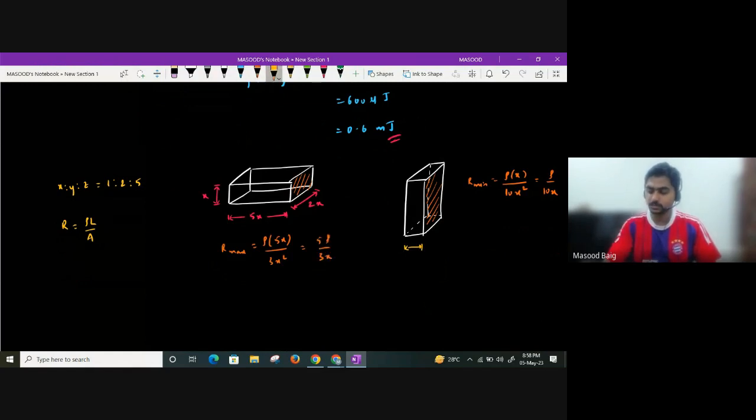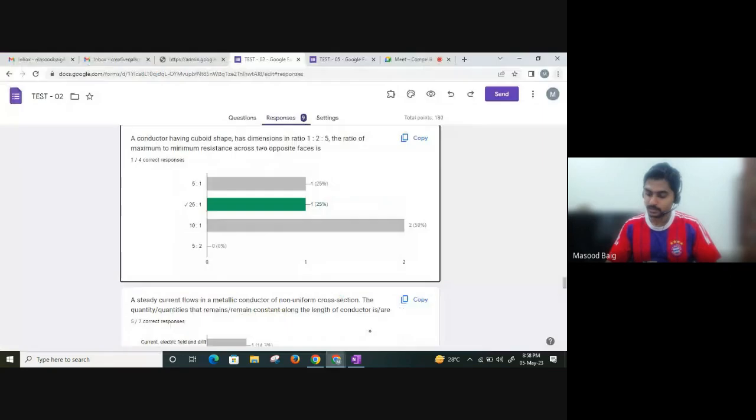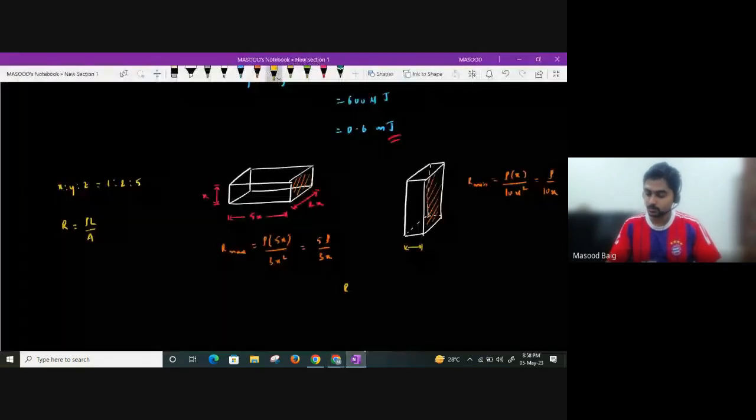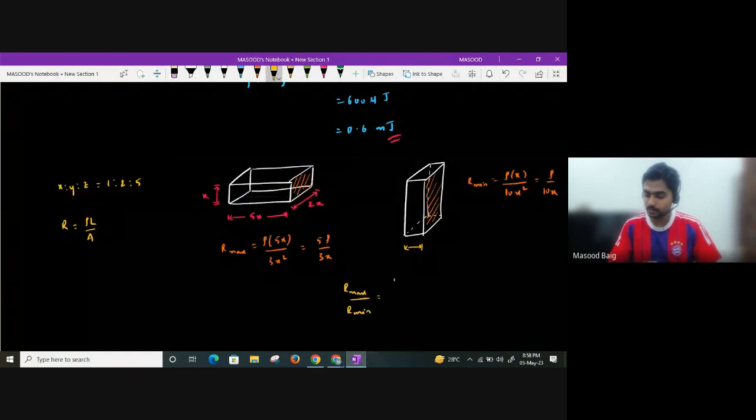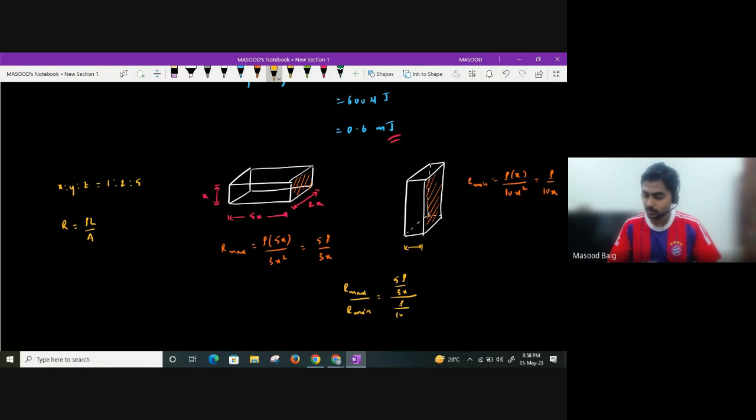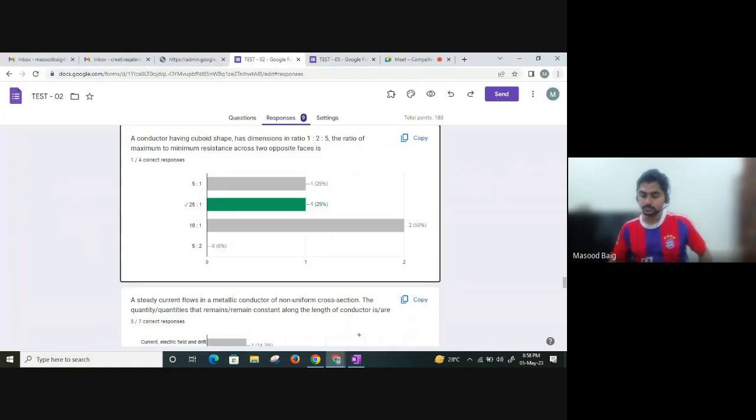They're asking us to find ratio of maximum to minimum resistance. So R max to R minimum if I take, what will I get? 5 rho divided by 3x whole divided by rho divided by 10x, which turns out to be 50 divided by 3. Oh, I did some mistake, I think. Just check.